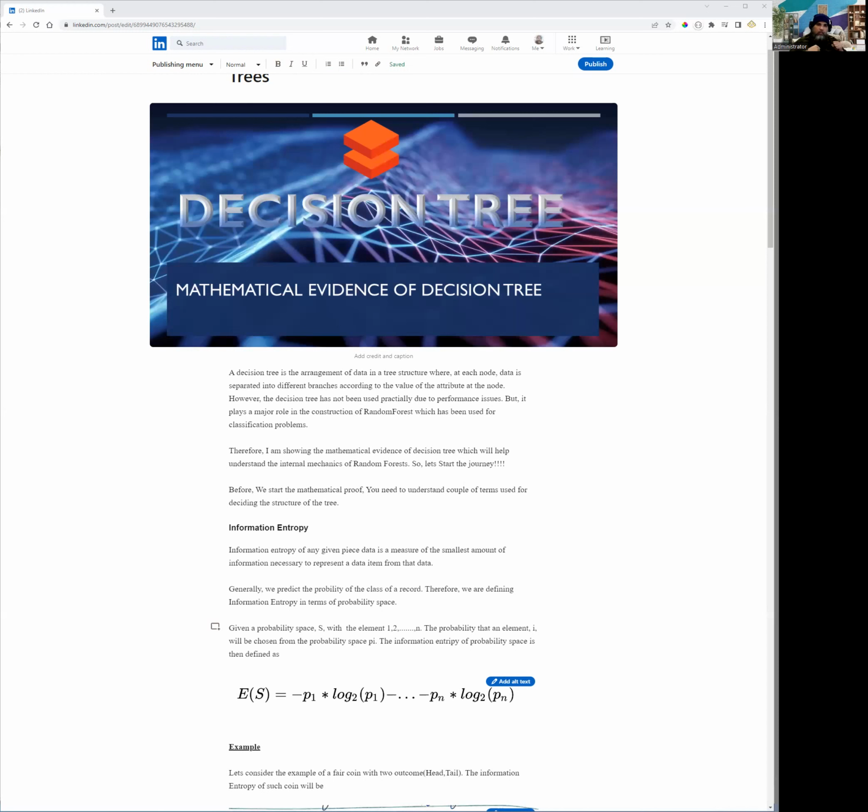But the best part of decision tree is that it is going to be used for our next algorithm, which is obviously the random forest, which has been used a lot in classification problems in the industry. And that's why the understanding of decision tree is important: if you understand it correctly, you're going to have a very good grip on the random forest.